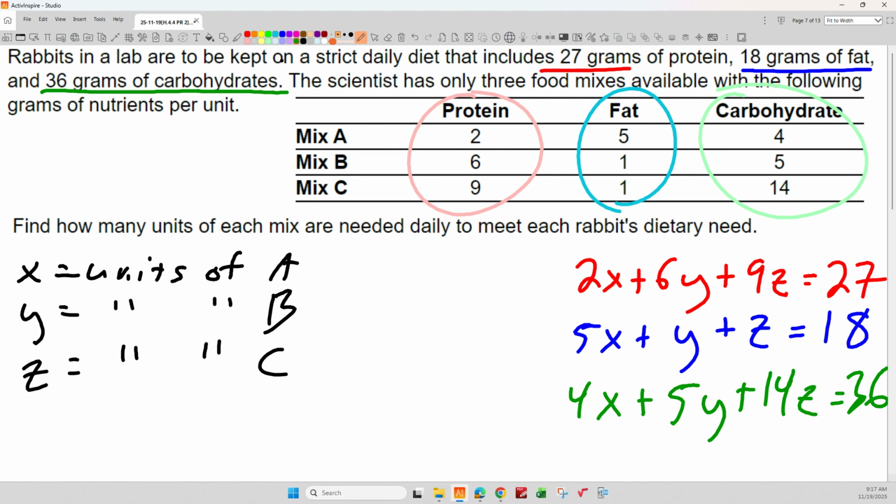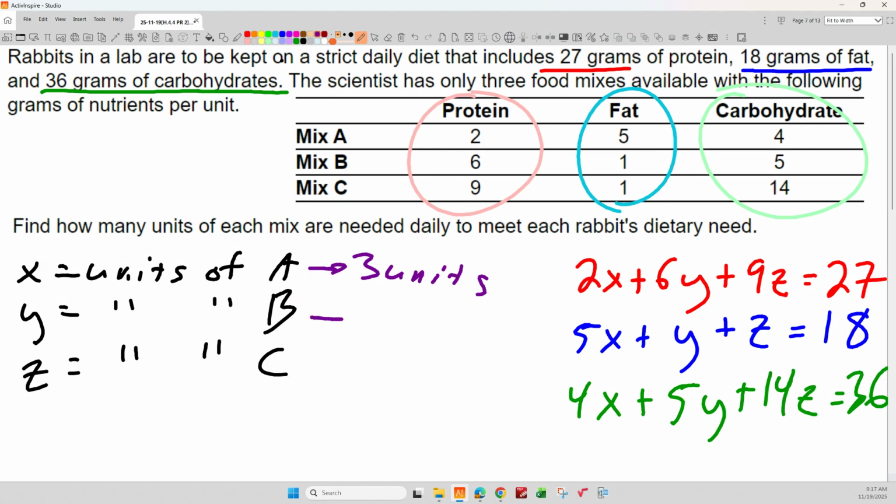What's that give us? If I throw that in a matrix. Okay, so x is 3 units.